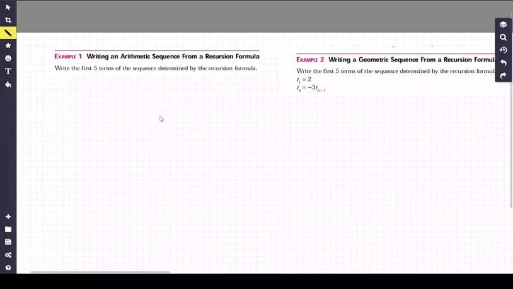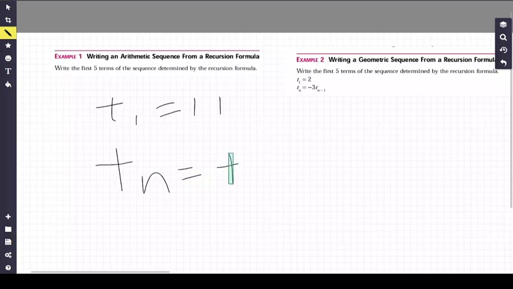Oh, I didn't give you the sequence. Term 1 is equal to 11, and tn is given by tn minus 1 minus 4.